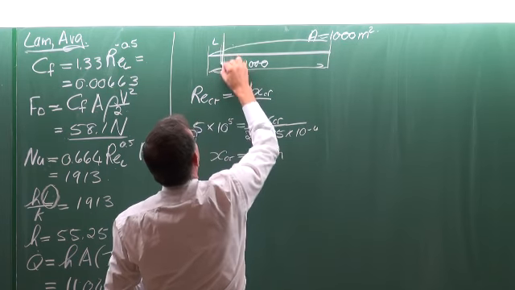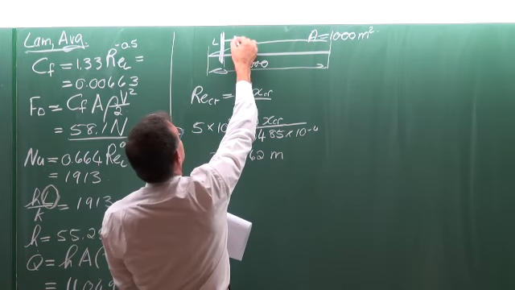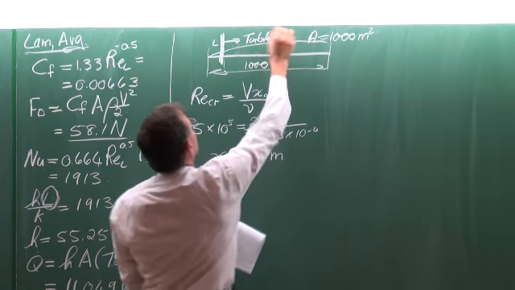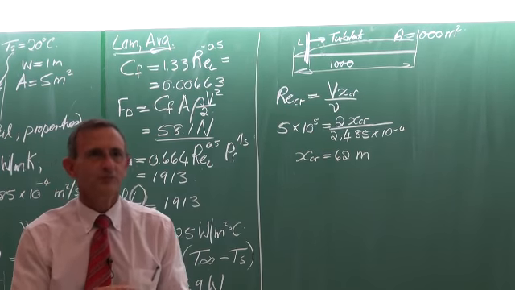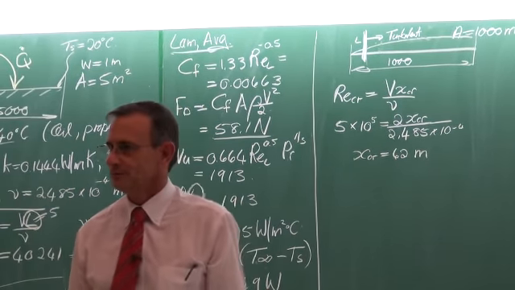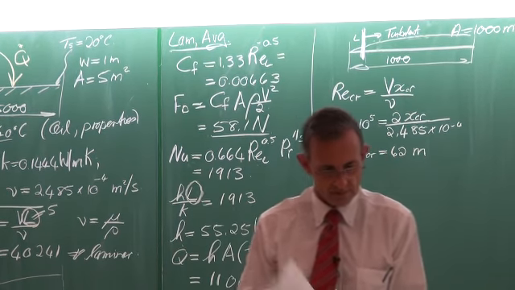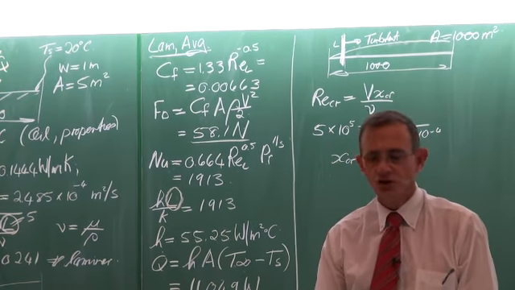So that is laminar flow up to there, up to 62 meters, and after that, the flow would be turbulent. Okay, so now that you know that, which equations would you use? What would you do as an engineer?